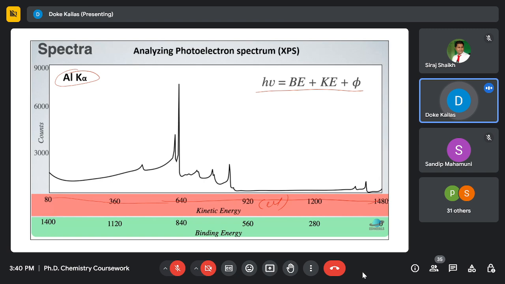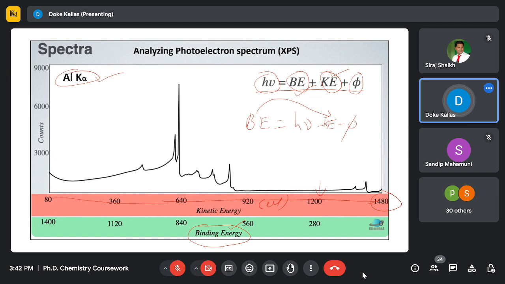So binding energy and kinetic energy are inversely related. So this next scale on the x-axis is concerned with the binding energy. 80 is replaced by 1400, and here 1480 is replaced by 80 or 0. So if you study the photoelectron spectra in terms of kinetic energy, the origin value will be the smallest.